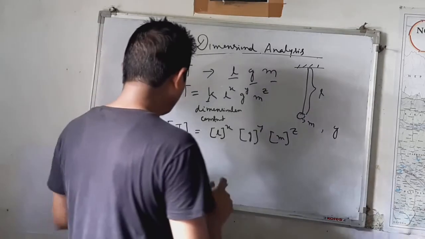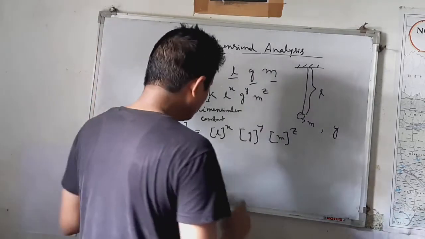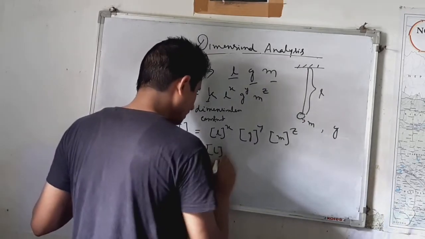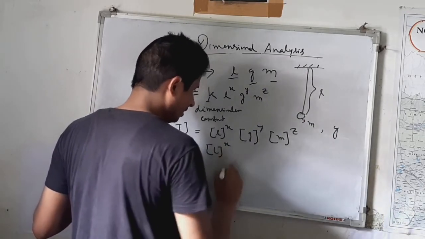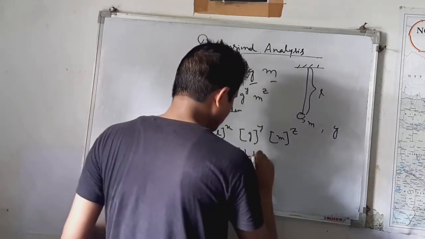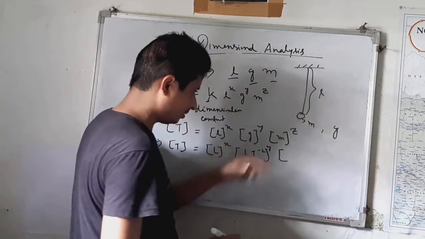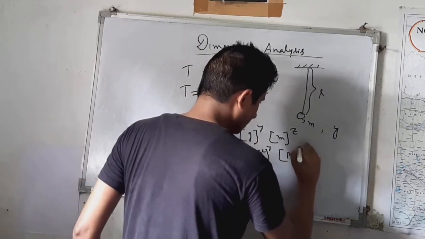We know that time period T has dimensional formula T, and L has dimensional formula L to the power x. G is acceleration due to gravity, so its dimensional formula is LT inverse of 2 to the power y, and the dimensional formula of m is capital M.